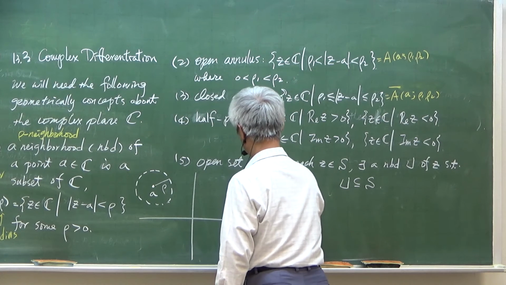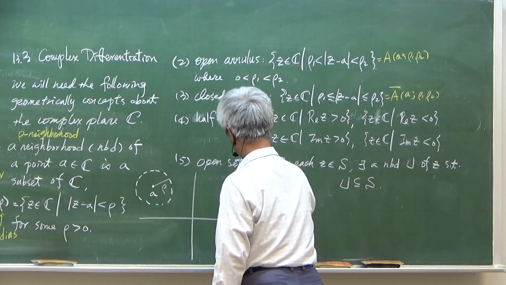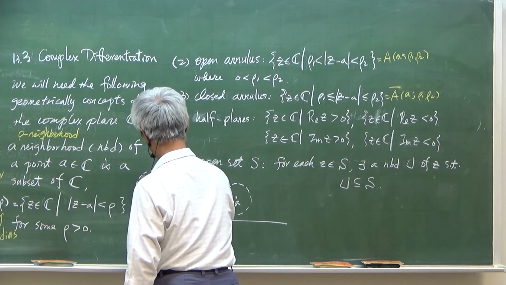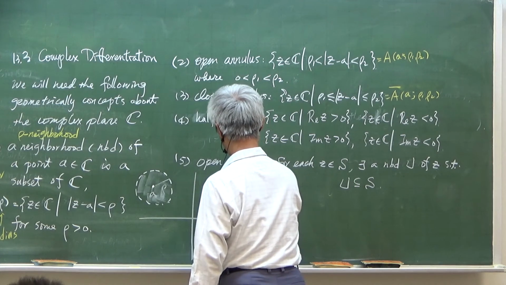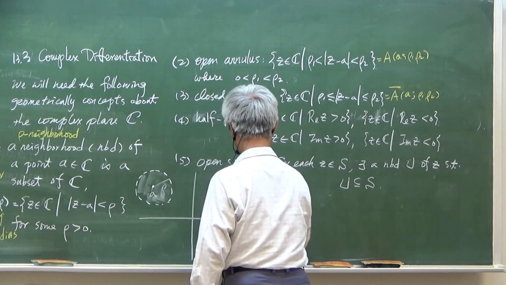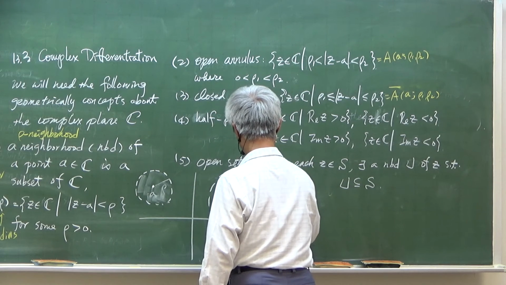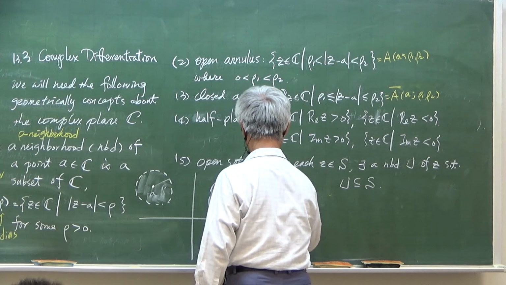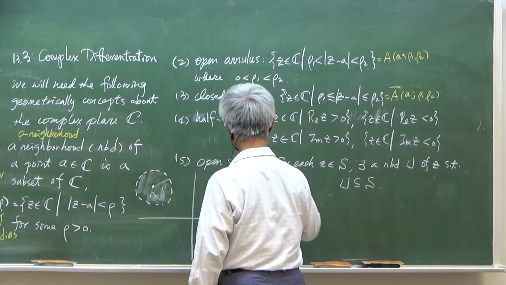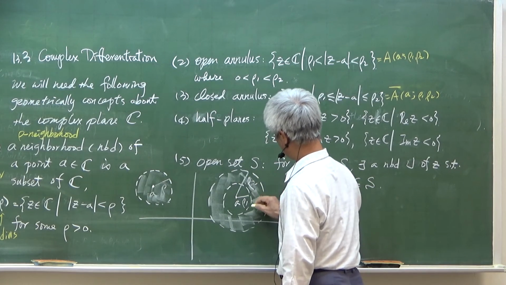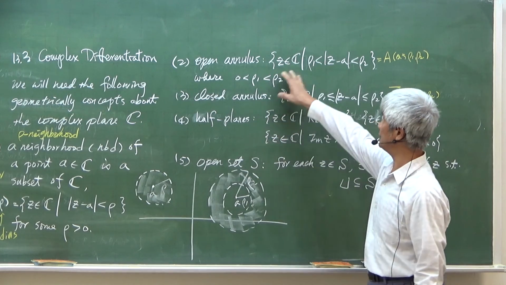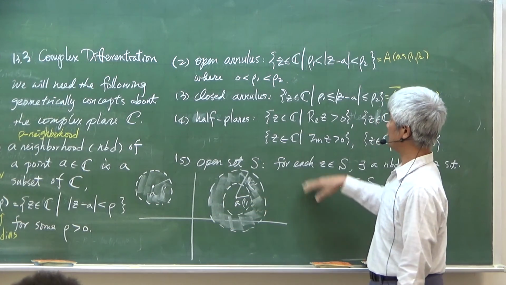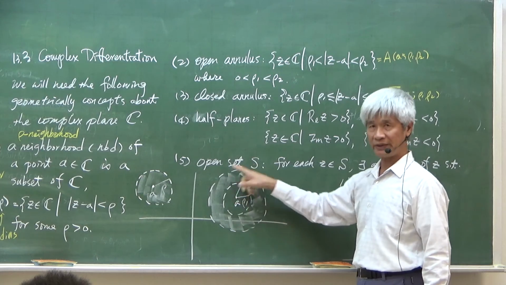An annulus is just like a wheel. The open annulus does not include the boundary, but the closed annulus includes the two boundaries here.